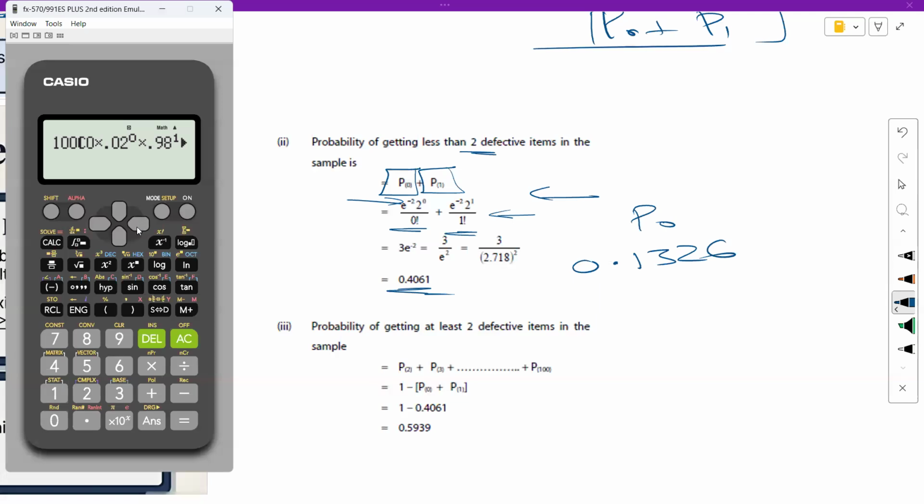Again, we move forward. nCr, r equal 1, into 0.02 power 1, into 0.98 power 99, and we close the bracket.